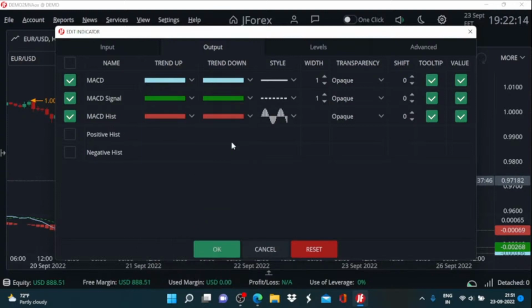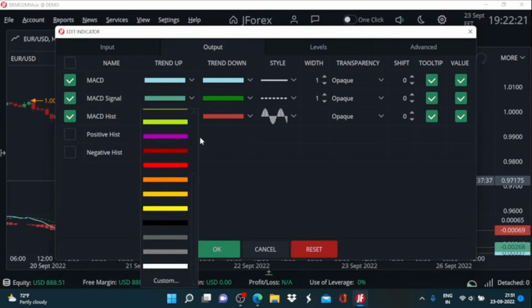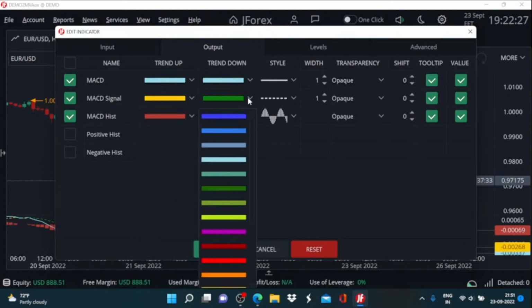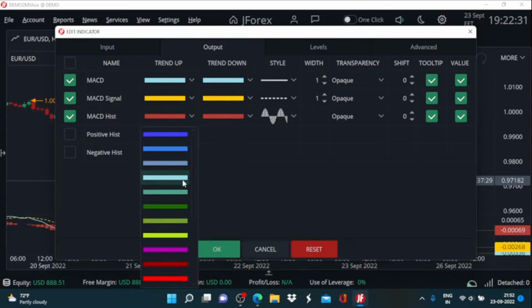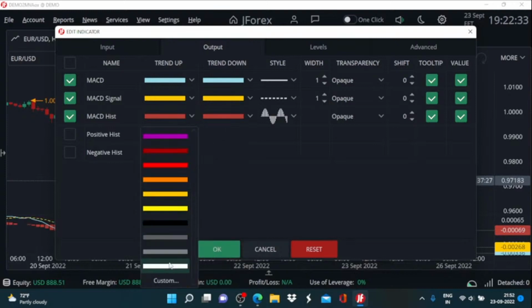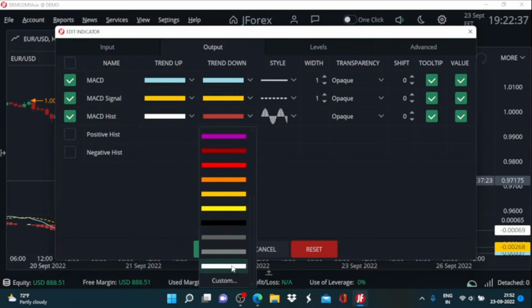Then comes the color combination. You can try out these different color combinations to make chart look interesting.